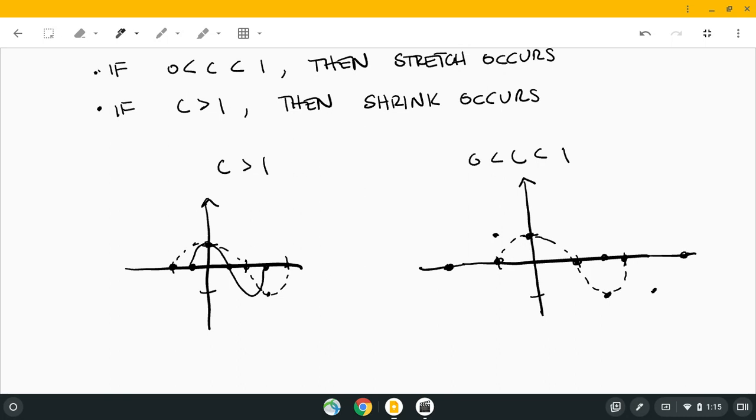So now what happens is you have a graph that does something more like this. So here again, your vertical distance still stays the same, but now you have this behavior occurring over a larger horizontal space.